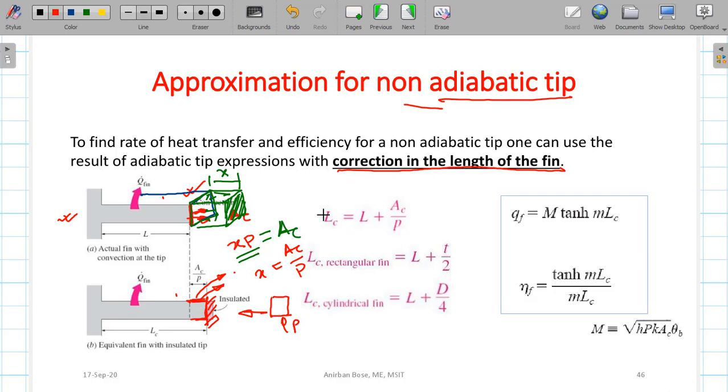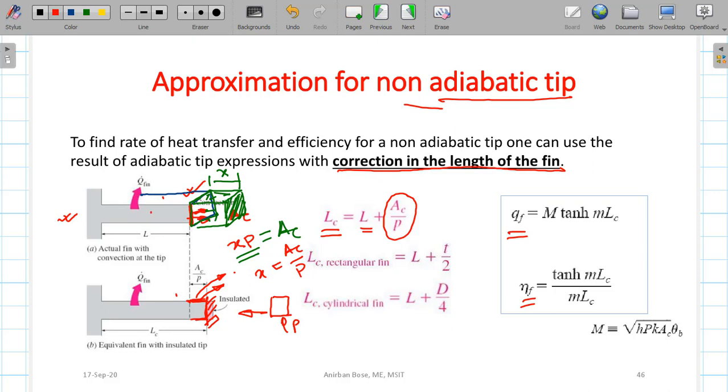So what you have to do, if it is a non-adiabatic fin, is take its true length and add AC, that means the cross-sectional area, divided by the perimeter, and that will be the corrected length. This LC indicates the corrected length. So that length after correction you have to use to find the rate of heat transfer through the fin, or you have to find what will be the efficiency of the fin with that corrected length.